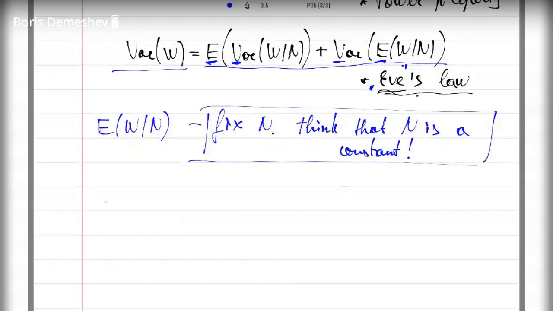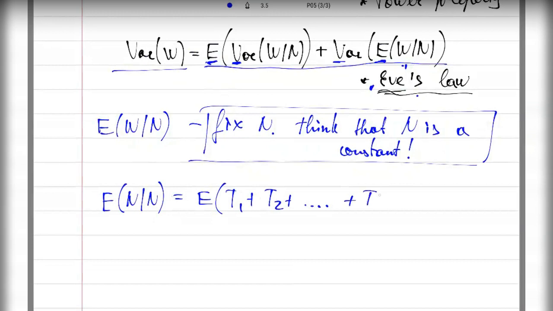Okay, let's calculate expected value of W given N. So it's expected value of T1 plus T2 plus and so on plus TN, but N is fixed.